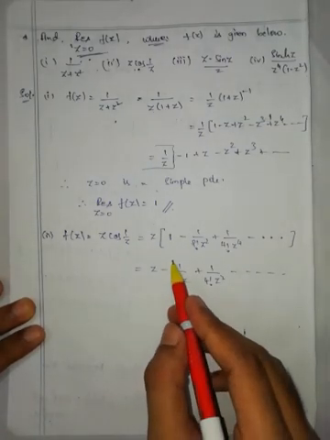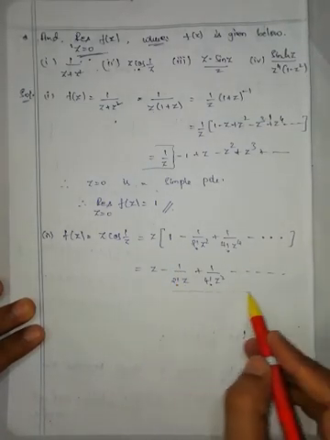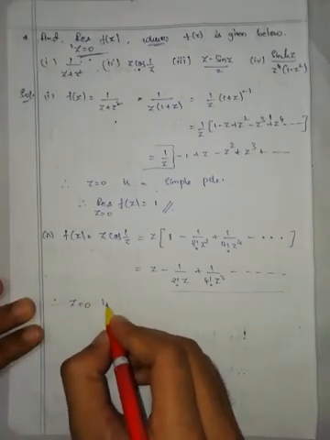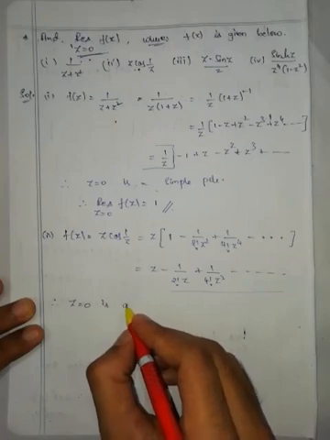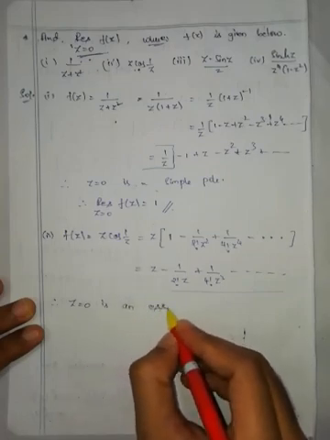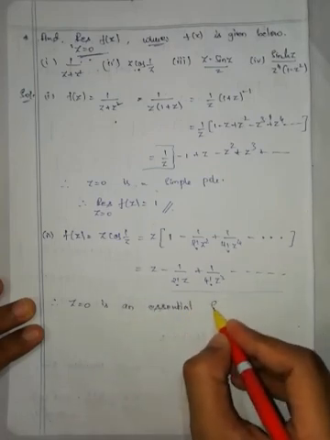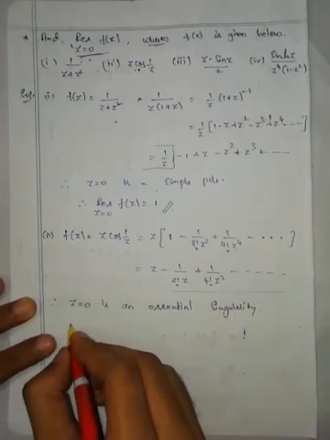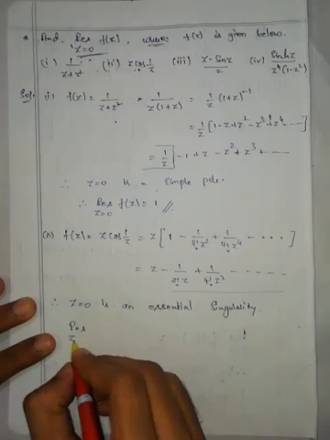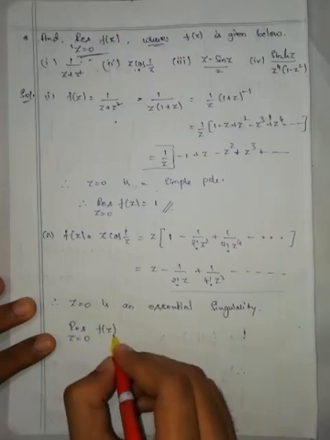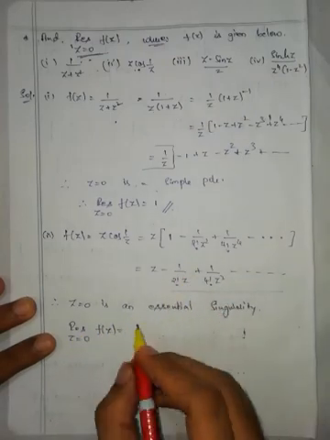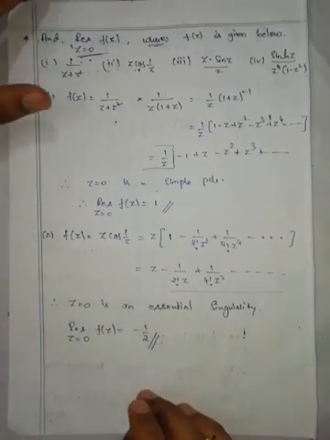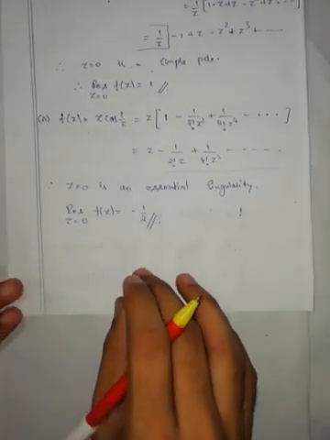What is the principal part? This is the principal part. Therefore, z is equal to 0, it has infinite number of terms, is an essential singularity. Therefore, what is the residue at z is equal to 0 of f of z? Coefficient of 1 by z, that is minus 1 by 2. Now third one.